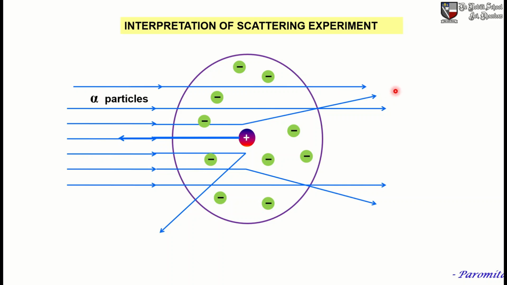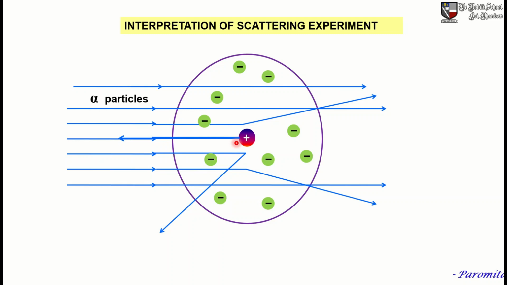We know that alpha particles are doubly charged helium ions. Some of the particles were repelled to a small extent by a positive charge. Very few of the particles, the ones at the center, retraced their path back. That means they suffer 180-degree deflection. This means that they were strongly repelled by a small positively charged body at the center of the atom.